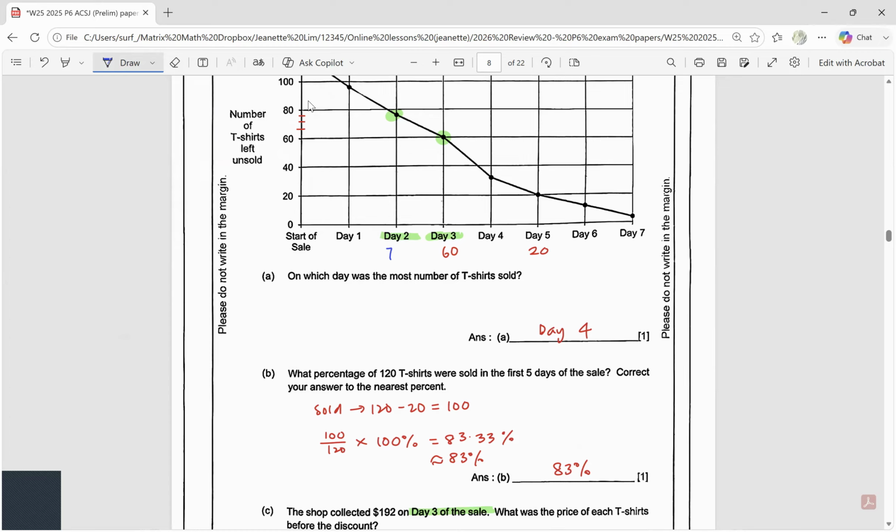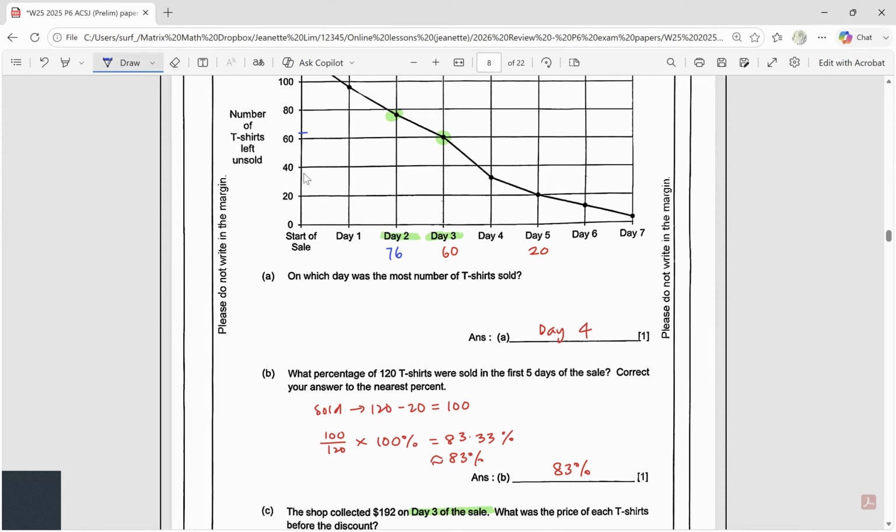But assuming they were to draw intervals here, this would be 76, because, oh sorry, it should be 5 intervals.